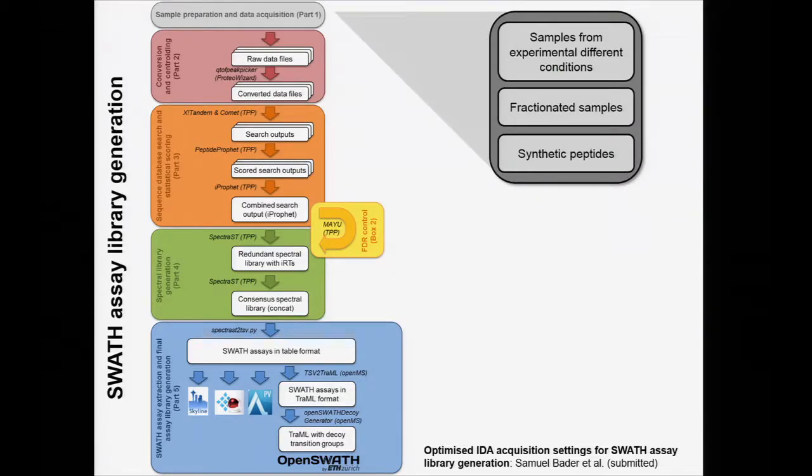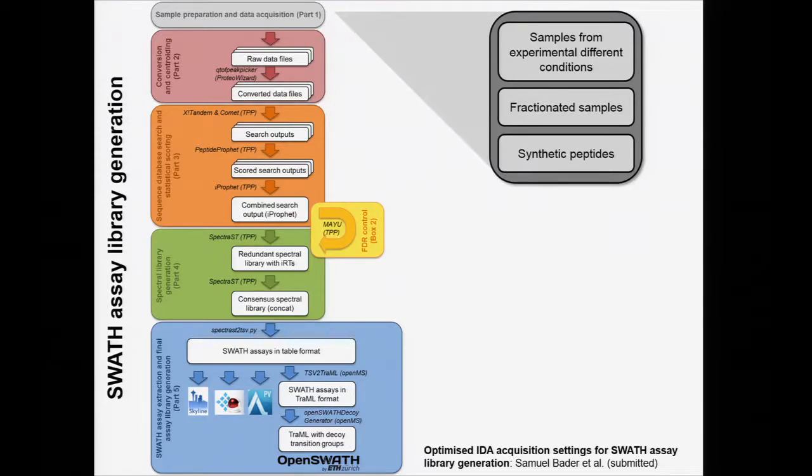So first of all, you need to select a set of samples, right? This can be some representative set of samples from your experiment, some samples from different conditions. If you have a perturbation experiment, you could select samples from across the perturbation, for example. You can optionally do some fractionation of these samples to go a little bit deeper in the library.